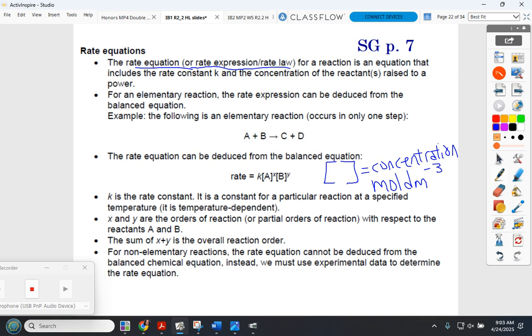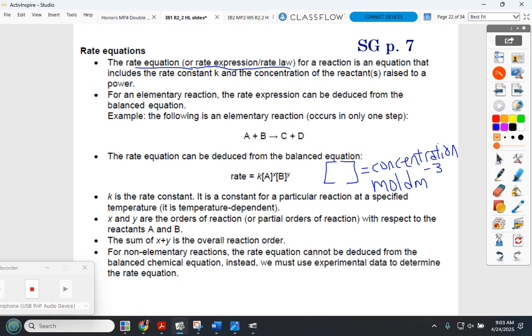Note that we don't care about the products, because what we're interested in is how do we make the reaction go faster or slower. And so in this case, until we get to the next unit, it's going to depend just on the reactant concentrations. And then we're going to take those concentrations and raise them to a particular power. Could be 1, 2, 3.